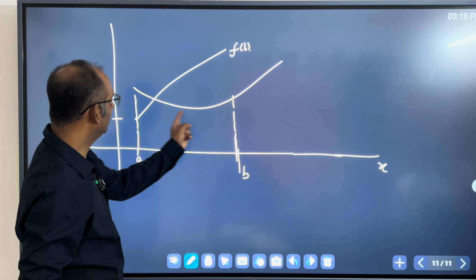It's horizontal. But then there is another point you see. If I draw a horizontal line, then whatever value the function has at point B, there is another point at which the function has the same value, which is this.